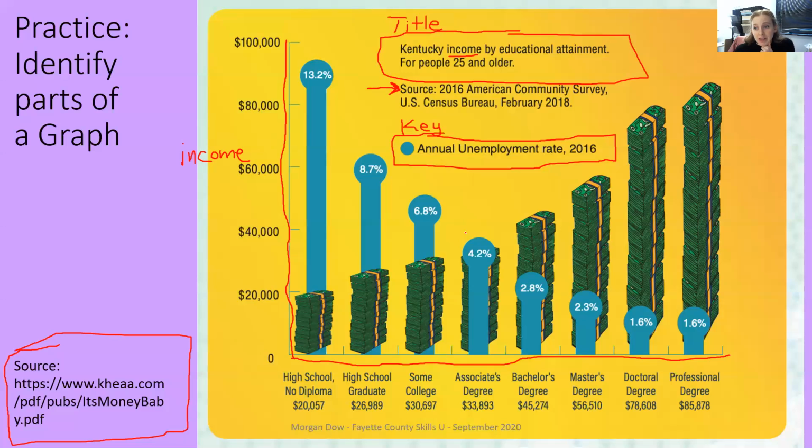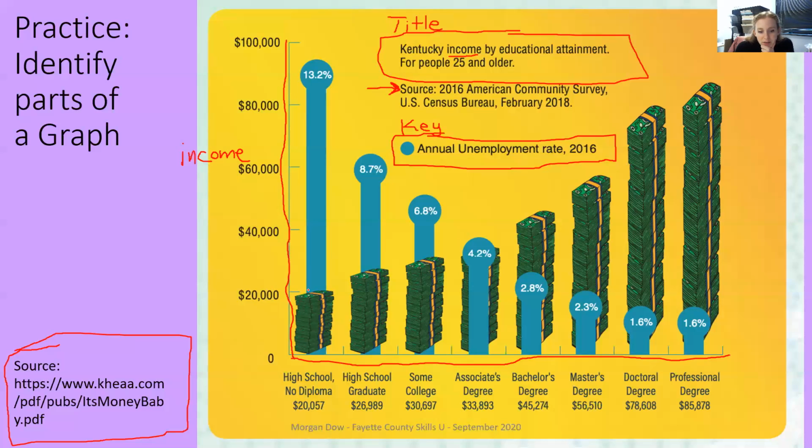And then this graph is kind of interesting because it's actually got three different things that we're comparing, right? We've got education level, we've got income, and then we actually also have the unemployment rate. That's what those little blue bars are for, right? So we've got three different things going on here.